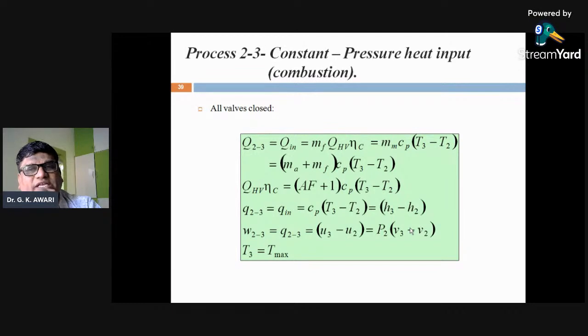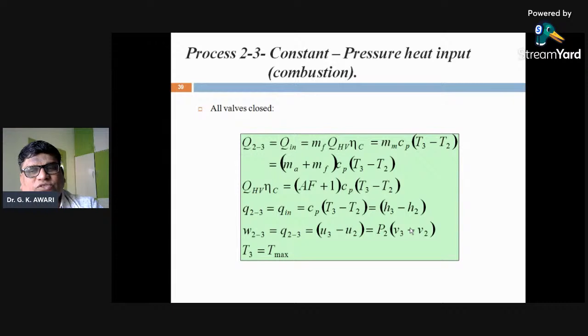So Q2-3 is equal to Q in is equal to mf QHV is equal to m Cp in bracket T3 minus T2 is equal to ma plus mf into Cp in bracket T3 minus T2. So QHV into ηc is equal to AF plus 1 in bracket Cp in bracket T3 minus T2.